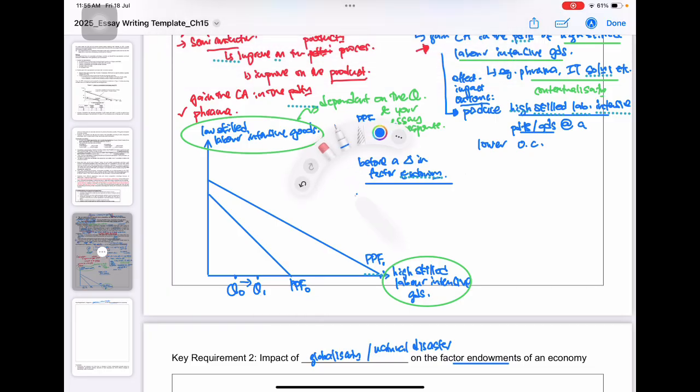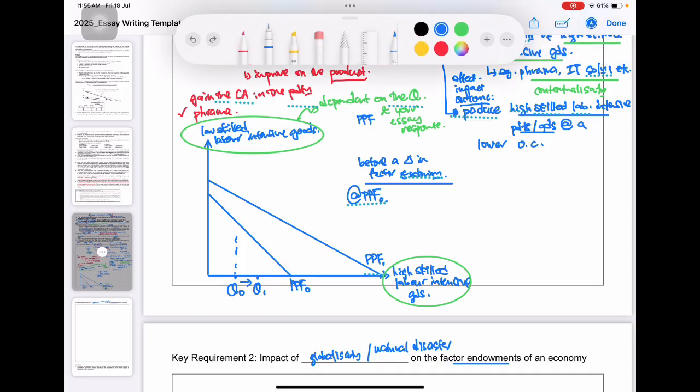So at PPF 0, what would be the amount of goods that they sacrifice when they are producing it? Okay, so strategically I just want to show that at the end of it, there is a decrease in OC after the change in the factor endowment. But let us look at it step by step.